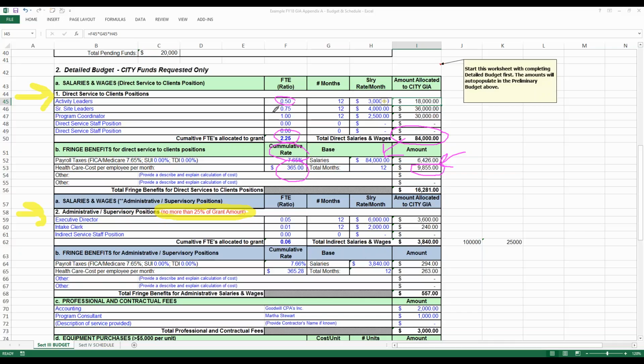For this position, 75%, the health insurance should also be paid at 75%, and so on. So that's how the formula works.